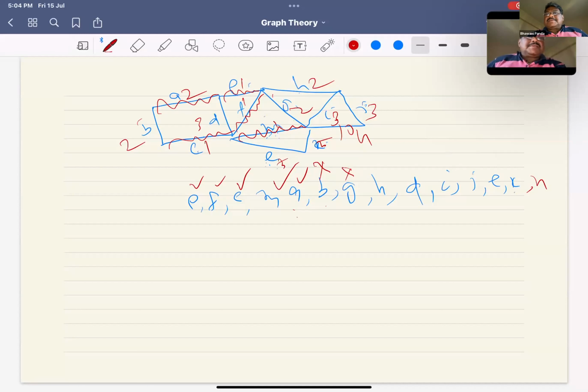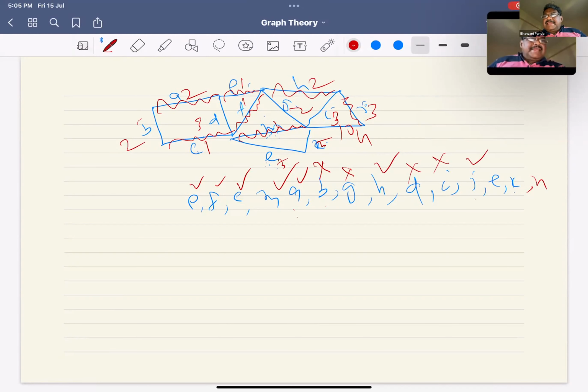H is added. Then D, if I put it, it will form a cycle, so it will not be considered. Then I also will form a cycle, so it will not be considered. Then J, J I can consider, right? So J is added.